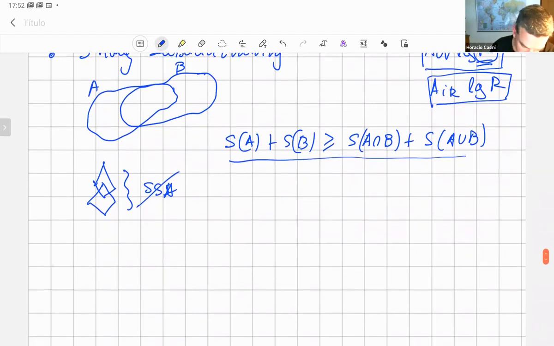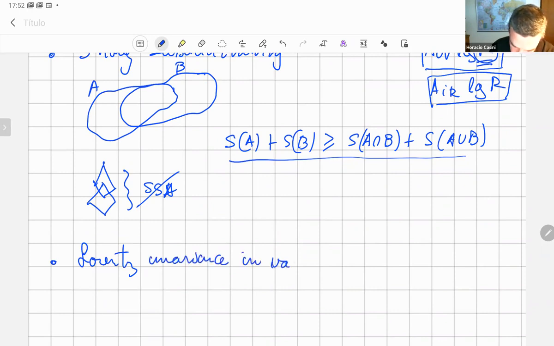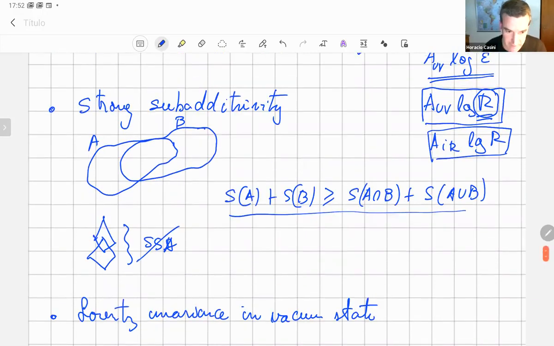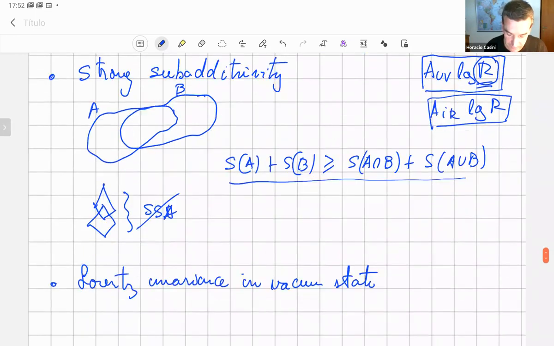And the third thing that we will use is Lorentz invariance, in the vacuum state. So once you accept all these three things, everything turns out to be just a geometric thing.